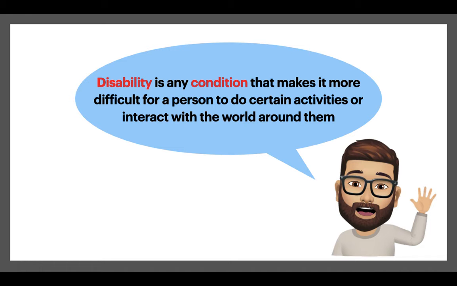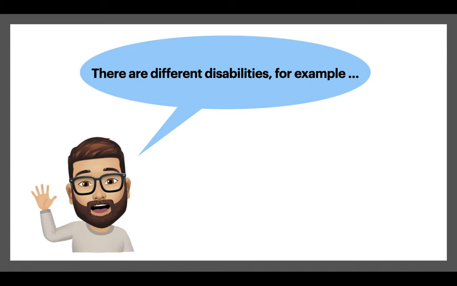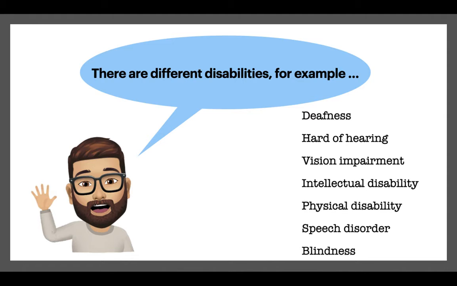Disability is any condition that makes it more difficult for a person to do certain activities or interact with the world around them. There are different disabilities. For example, deafness, hard of hearing, vision impairment, intellectual disability, physical disability, speech disorder, and blindness.